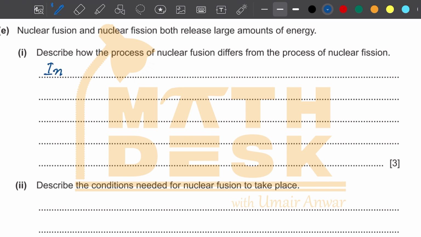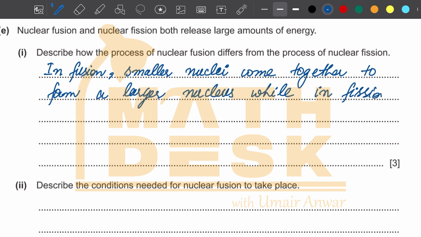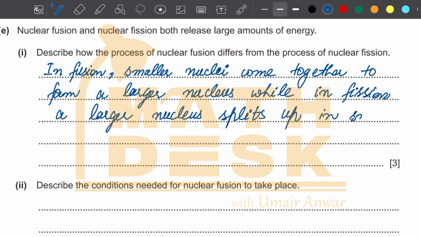So in fusion, smaller nuclei come together to form a larger nucleus, while in fission a larger nucleus splits up into smaller daughter nuclei.